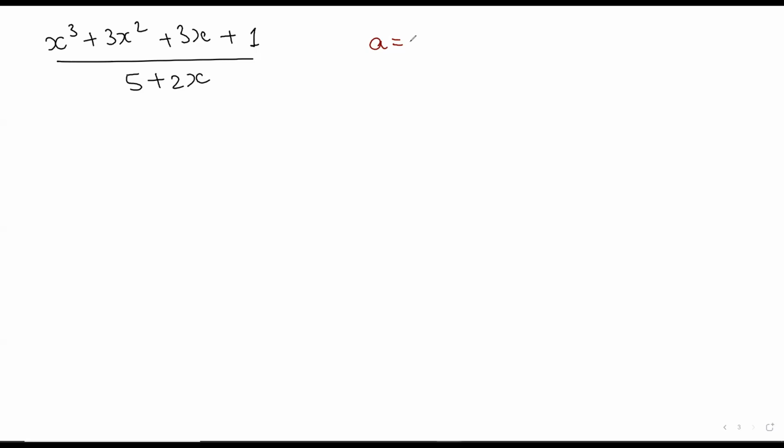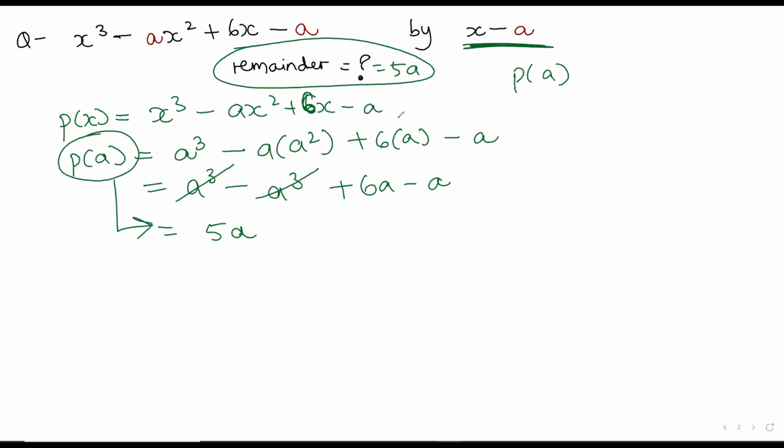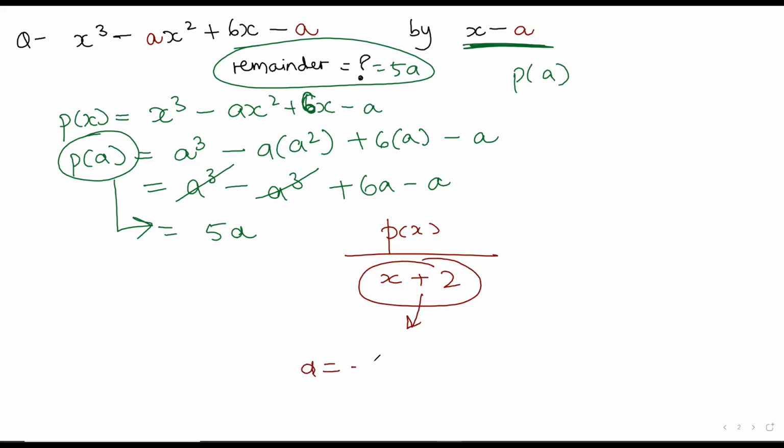How did you do it, Mridula? Ma'am, 5 plus 2x is equal to 0. Okay, yeah. So why is 5 plus 2x equal to 0? Because every single time that we had a P of x divided by, let's say, x plus 2, we said over here a is equal to minus 2.